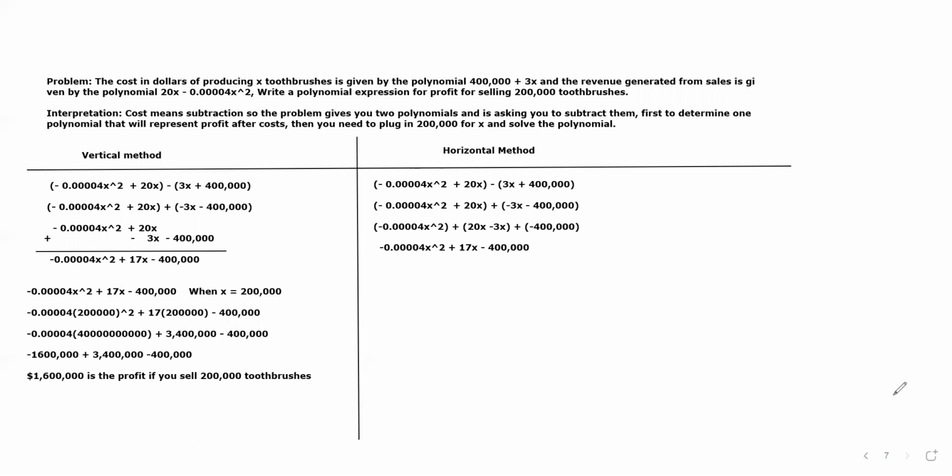And that's modeled by 20x minus 0.0004x squared, right? That represents additional costs that kept piling up. So what they want to know here is, if I sold 200,000, how much money did I make at the end of the day?